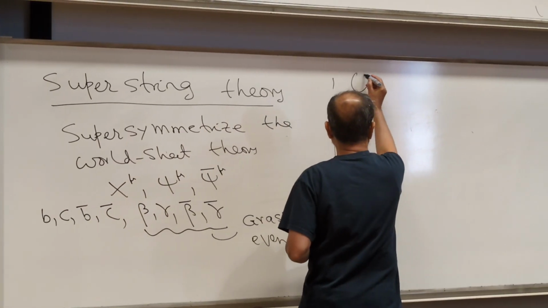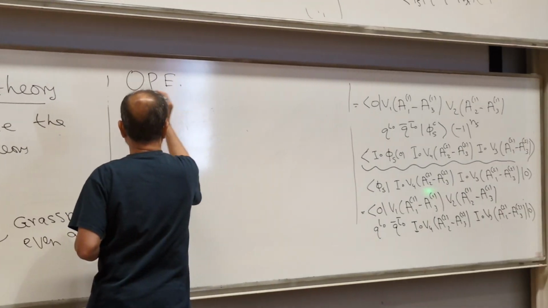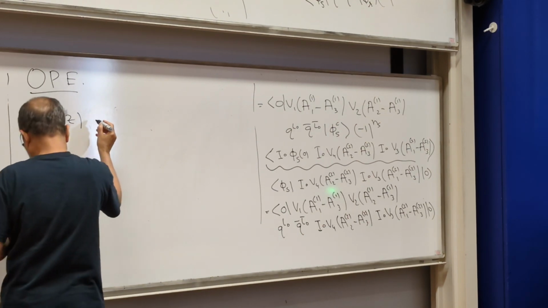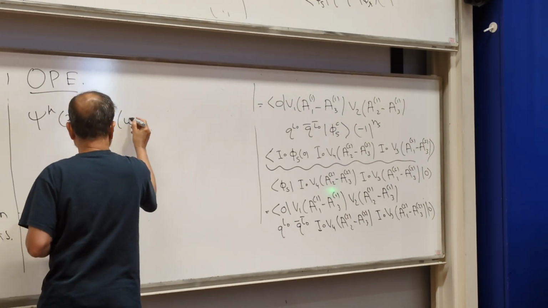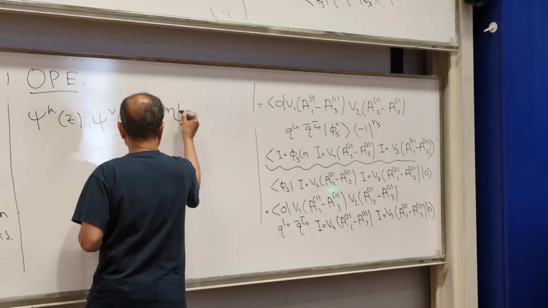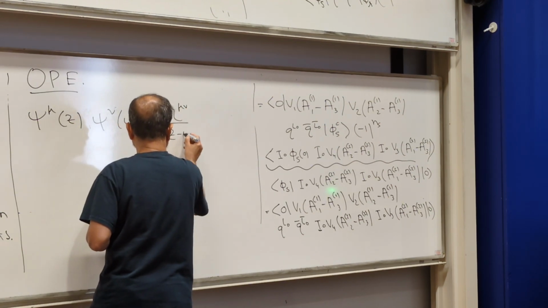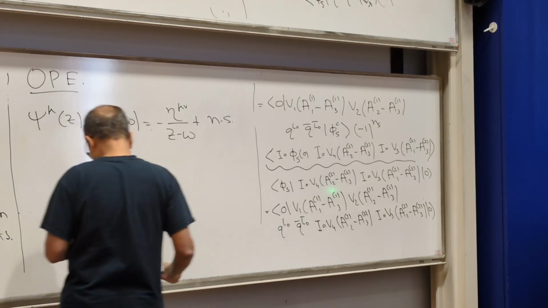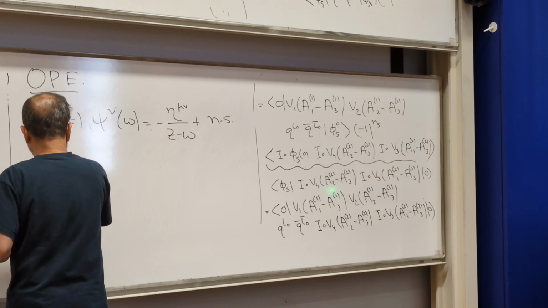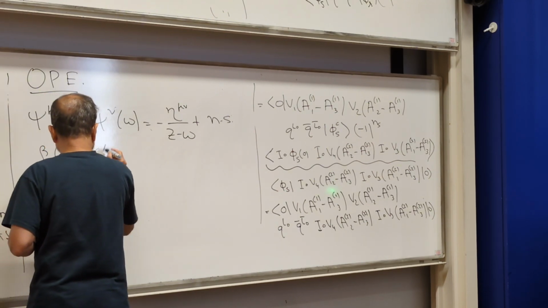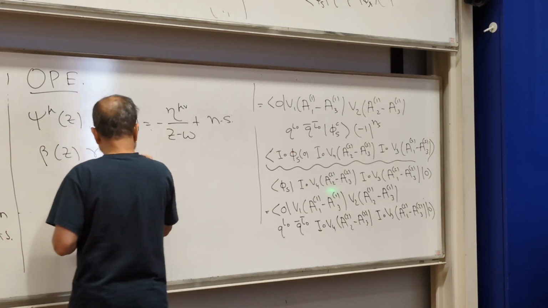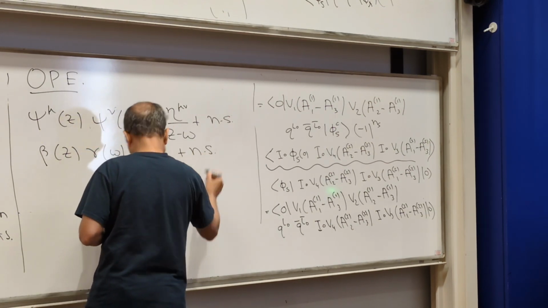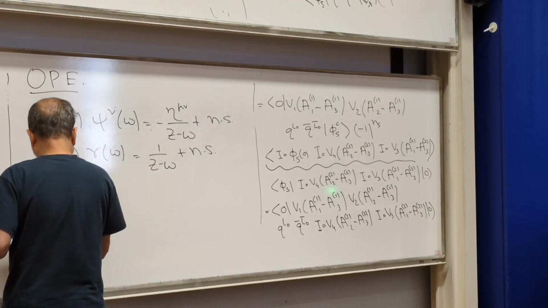So OPE. NS means non-singular. And then there are holomorphic and anti-holomorphic parts.